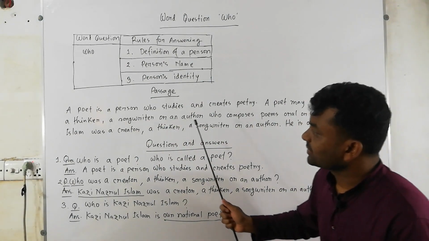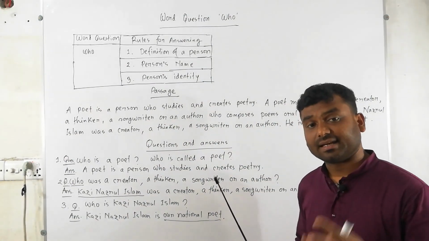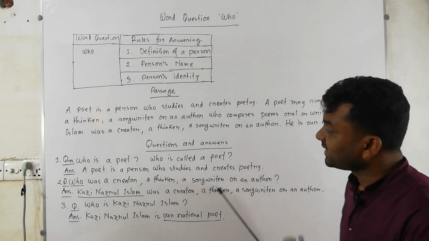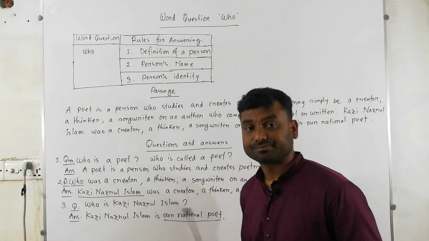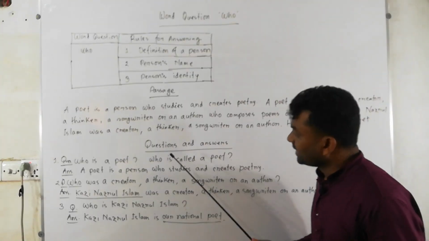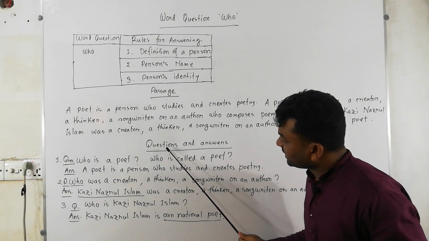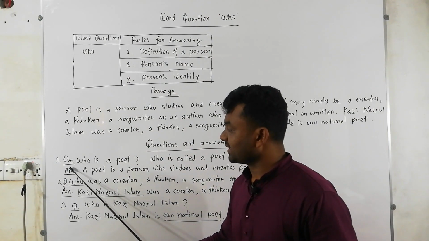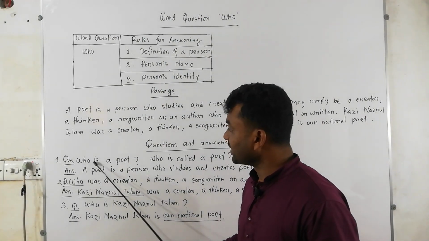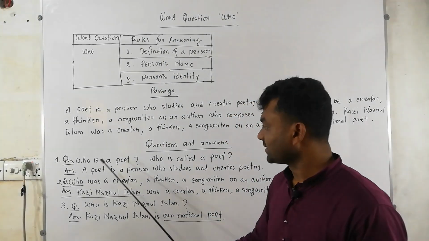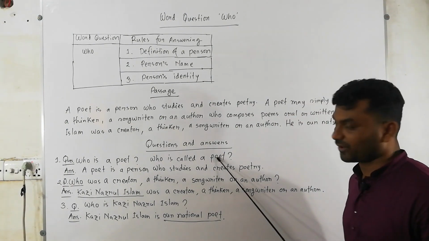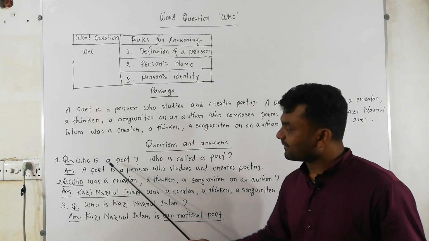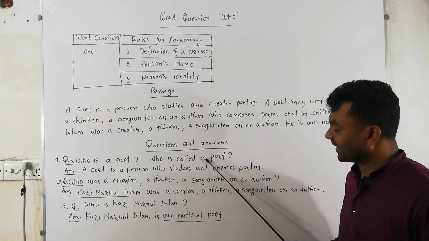Now, according to the passage, there are 3 questions with who. Here we go: questions and answers. In question number 1, who is a poet? Or who is called a poet?